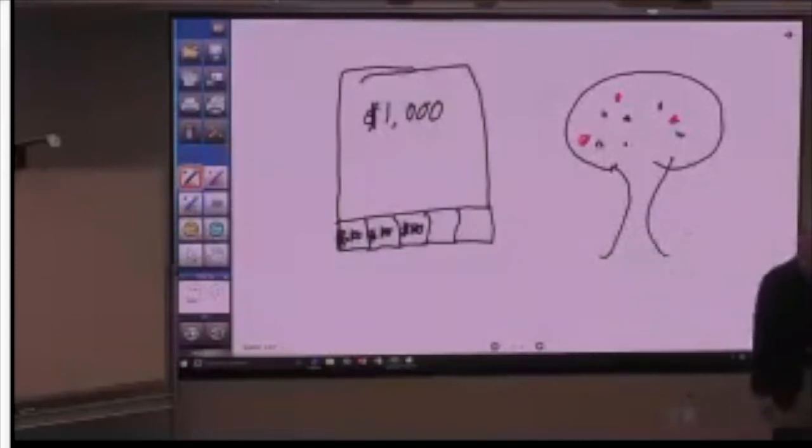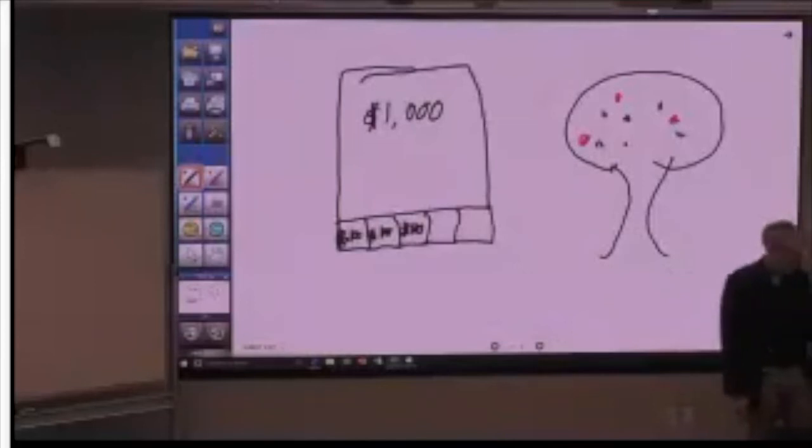Now, the authors on pages 266 and 267 go through and offer two cases.